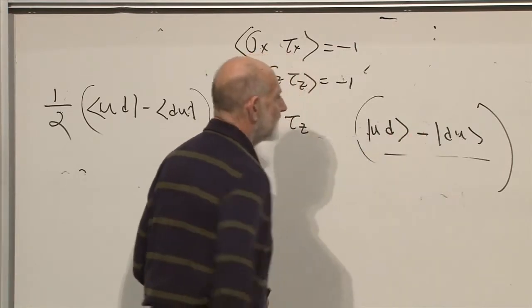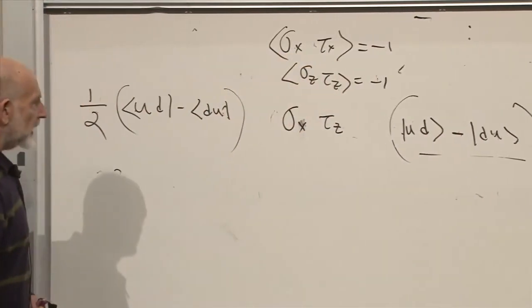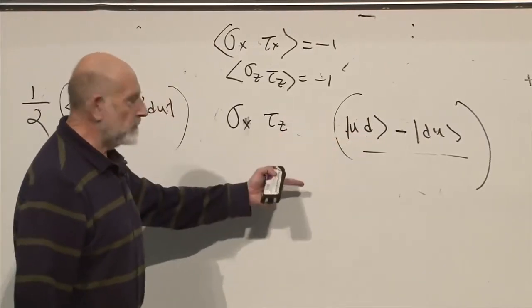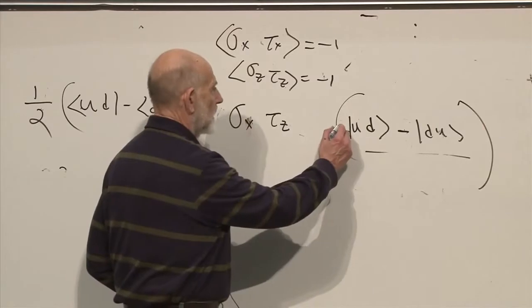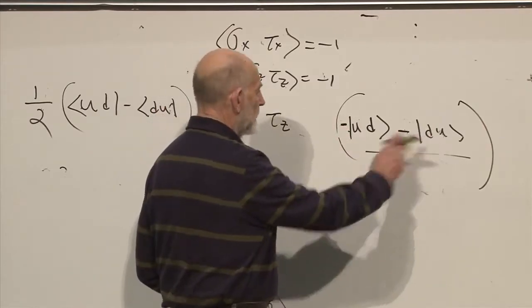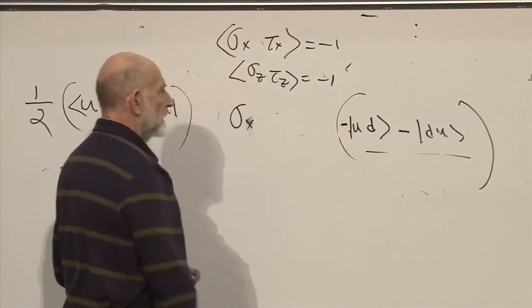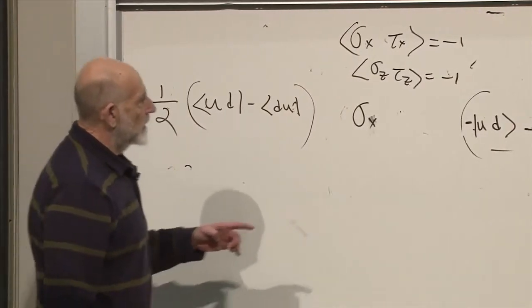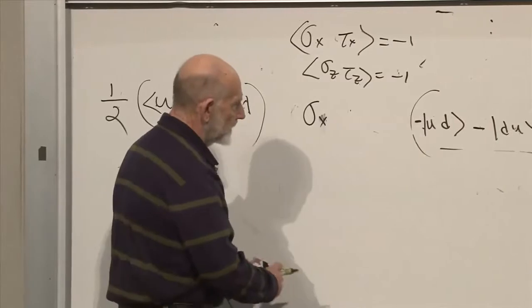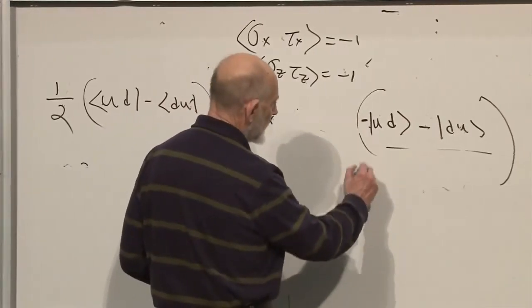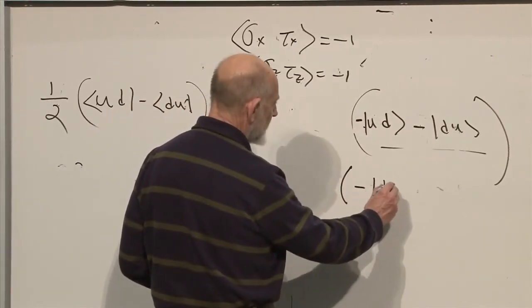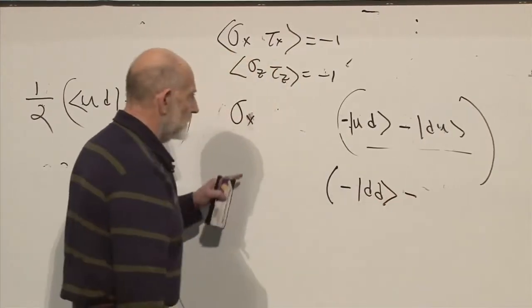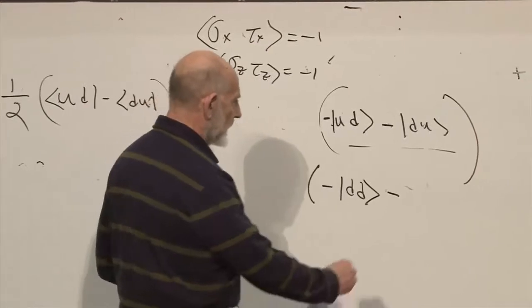Okay, so tau z sees the down here and makes it minus down. It sees the up here and leaves it alone. Okay, now what does sigma x do? Sigma x flips the first entry, and so it gives minus down, down, minus, now let's see, it flips minus up, up, right?